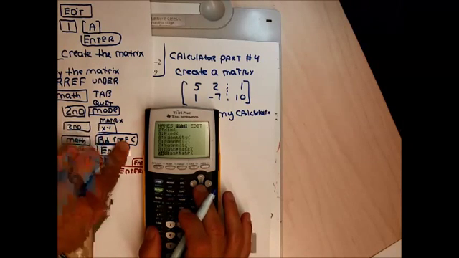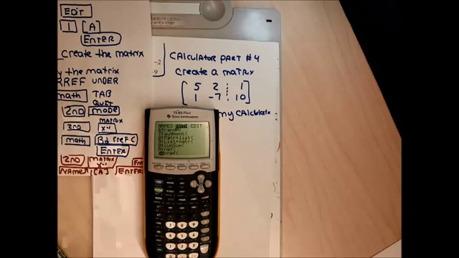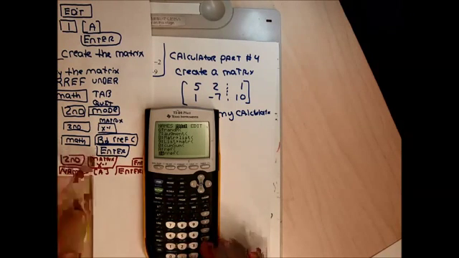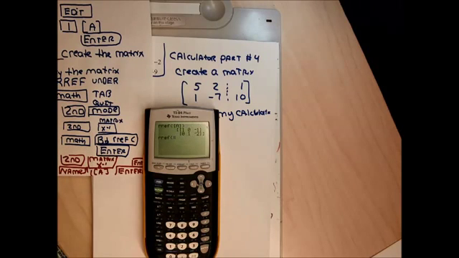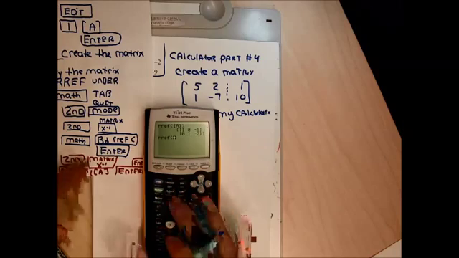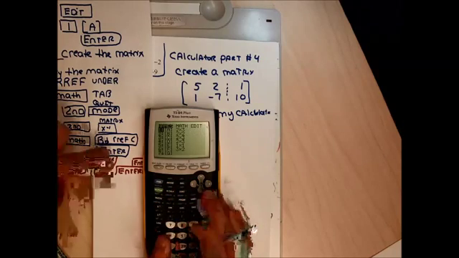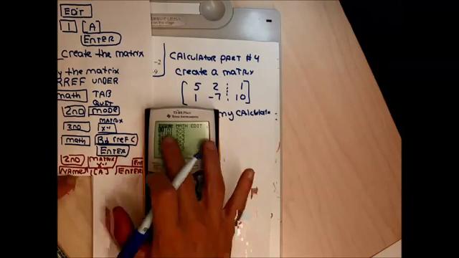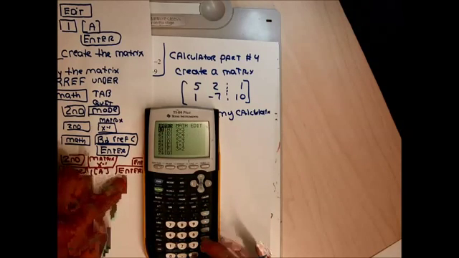That's a parentheses and not a C. Now I'm going to hit enter. And then I'm going to go second matrix and then have the name A highlighted like it is and hit enter, enter.